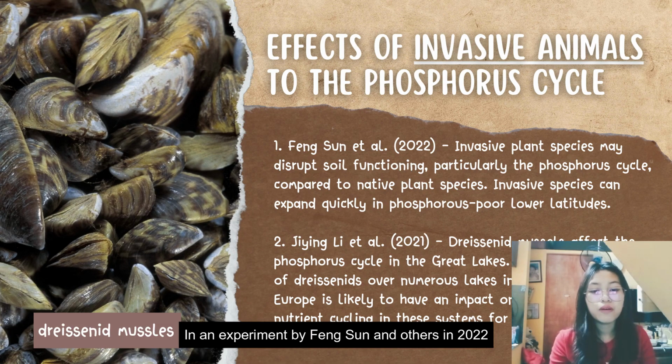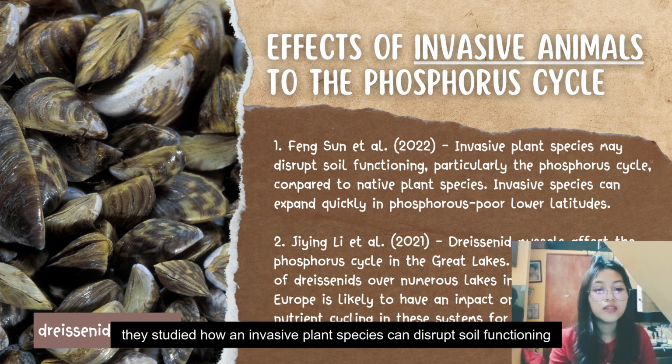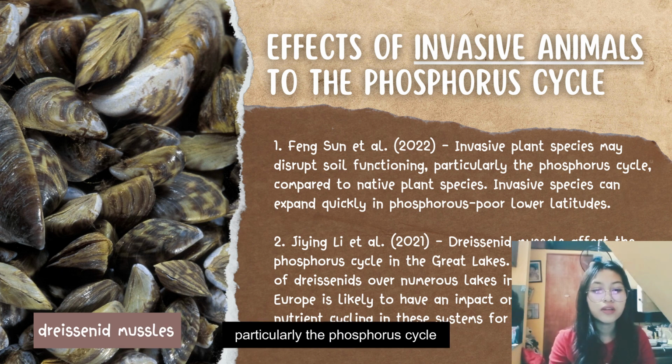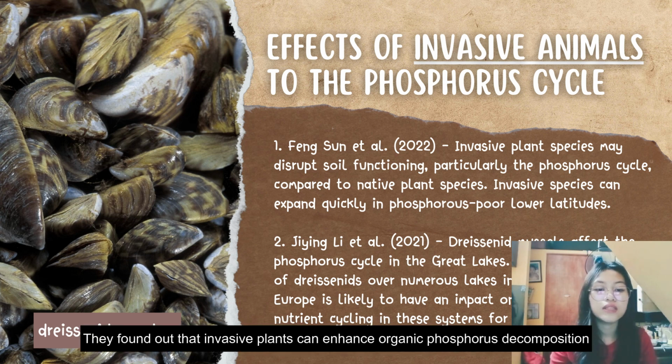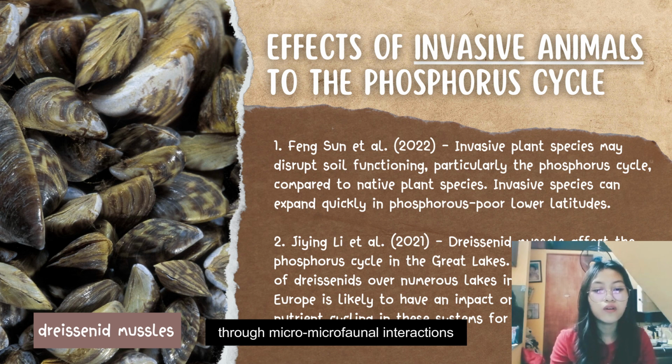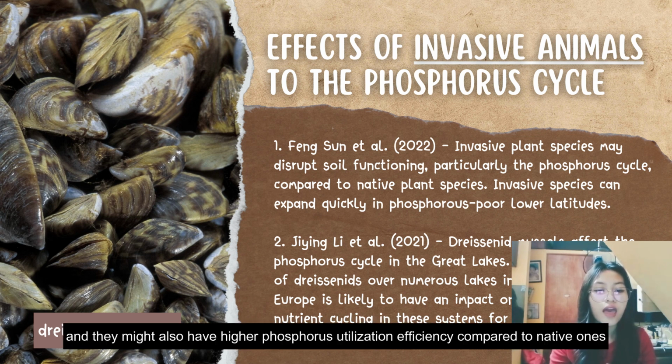In an experiment by Fong Sang and others in 2022, they studied how an invasive plant species can disrupt soil functioning, particularly the phosphorus cycle. Compared to native plant species, they found out that invasive plants can enhance organic phosphorus decomposition through microfungal interaction, and they might also have higher phosphorus utilization efficiency compared to native ones.